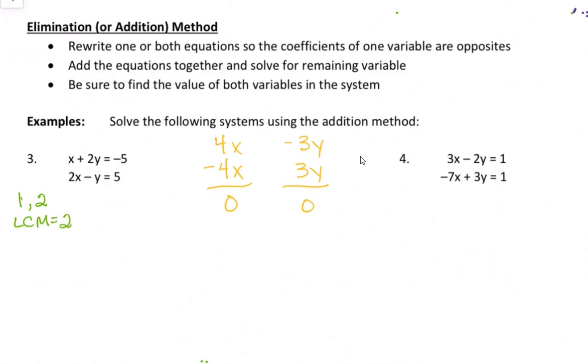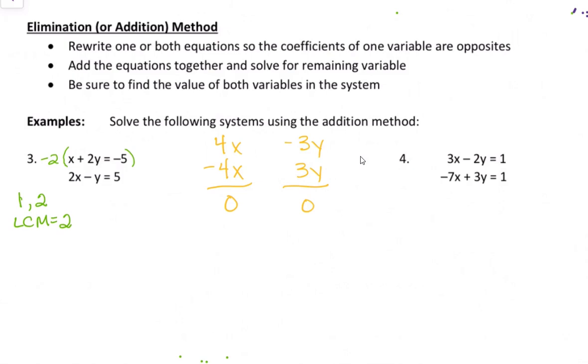So all I need to do to get these equations set up is to multiply this top equation by 2, and that will give me the same coefficient of x. And now remember, I need opposites, so I'm just going to throw a negative in front of that 2, and that'll give me the coefficient I need on the x for the x's to eliminate.